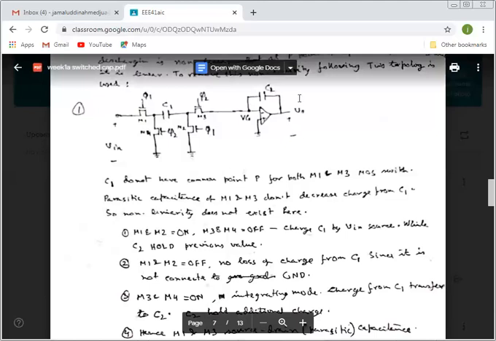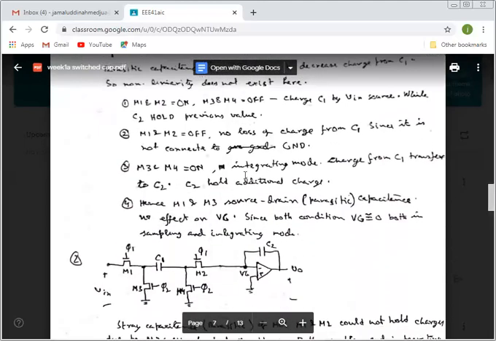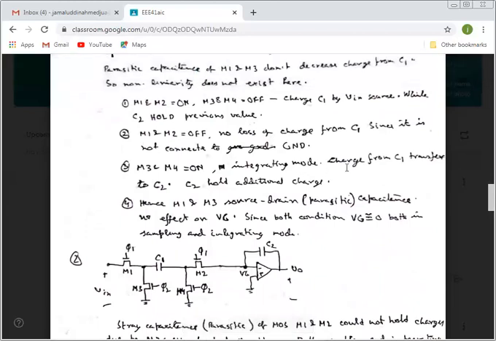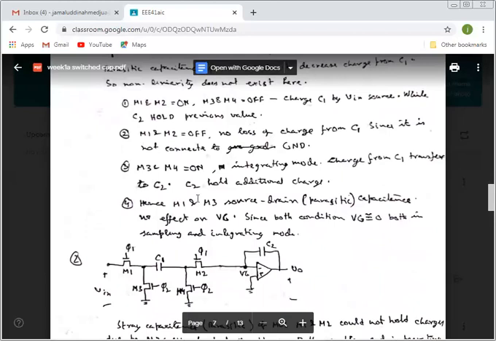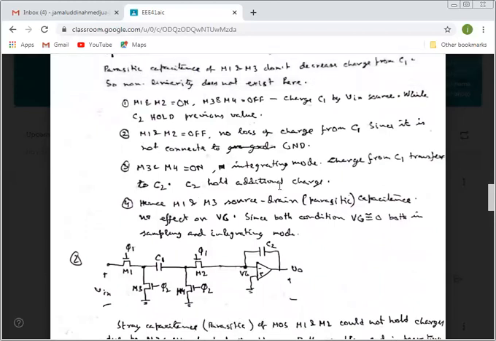So it becomes a non-inverting integrator. This is in integration mode, charge transfers from C1 to C2, and C2 holds the additional charge. So this way it accumulates the charge and it goes higher and becomes a positive charge holder, and this integrator acts like a non-inverting integrator.